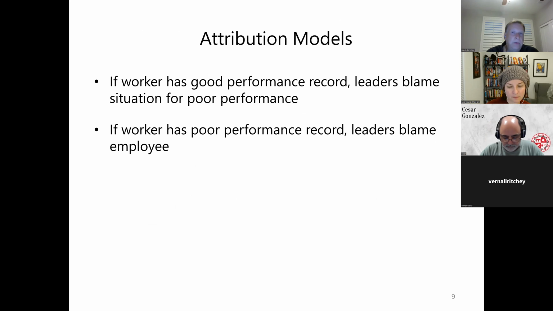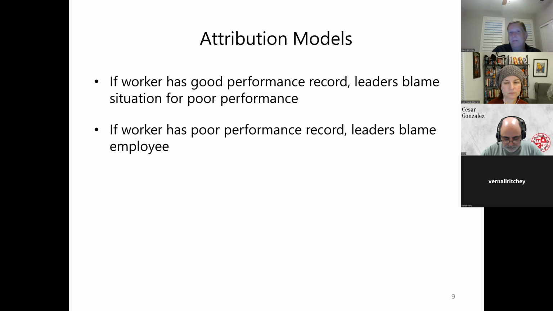Sometimes leadership also depends upon the relationship that leaders have with their subordinates. If subordinates have a good performance record and the leaders know that they've performed well in the past, if something goes wrong and there is some incident of poor performance, it's much more likely that the leader will cut them a break.